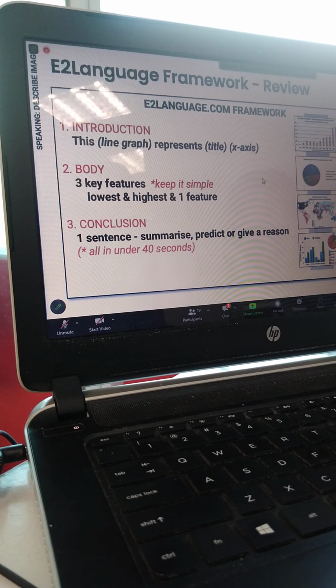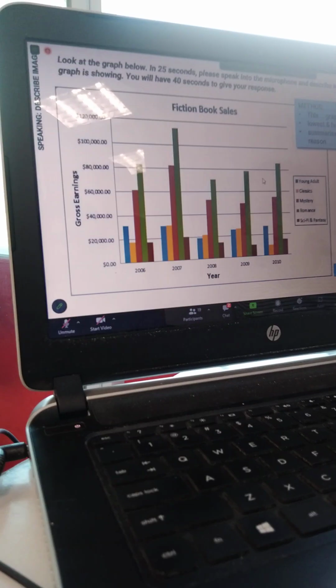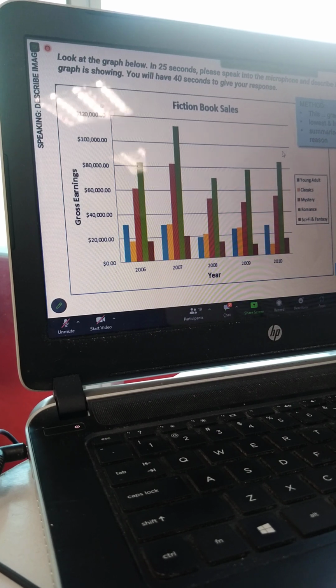Now, test day, we can simulate test day every day by doing the task. It applies to bar graphs, pie charts, maps, and combinations of images as well. We're going to do one. You've got 25 seconds to prepare and then 40 seconds to speak. All right, you know the method? If you don't, you're going to remember it.